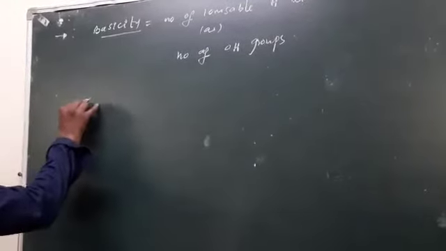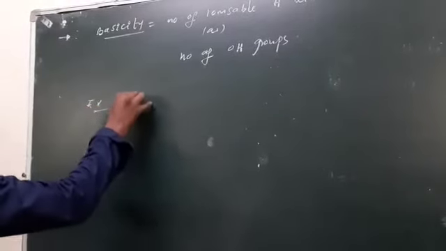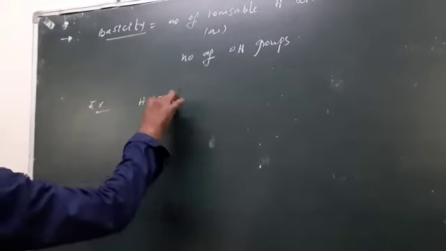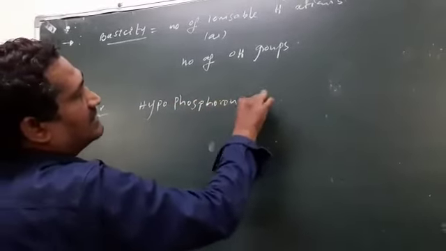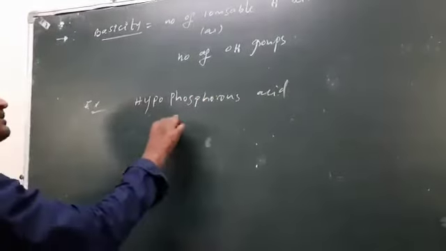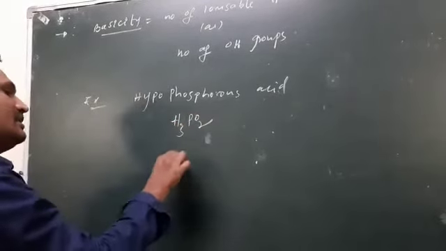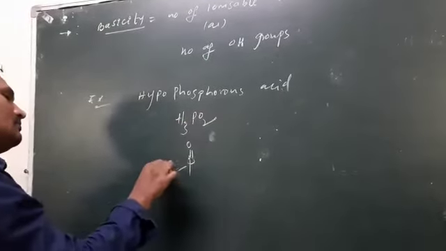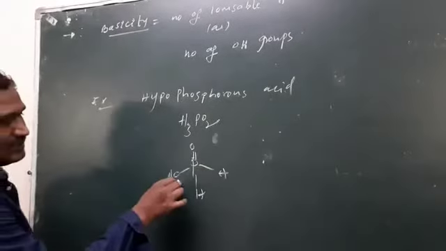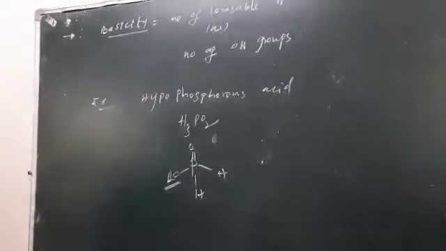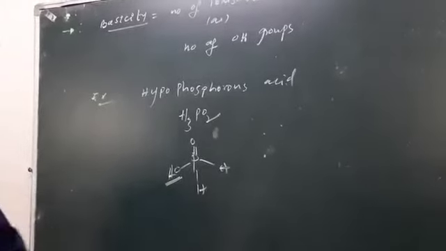For example, hypophosphorus acid, H3PO2, has P double bond O, OH, and two H. Here there is only one POH, so its basicity is 1.